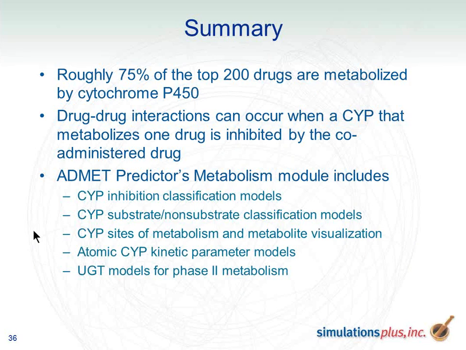And then we have a number of models in ADMET Predictor to predict these various properties, such as inhibition classification models, substrate, non-substrate classification models, sites of metabolism and metabolite visualization, atomic kinetic parameter models, and then finally UGT models for phase 2 metabolism.